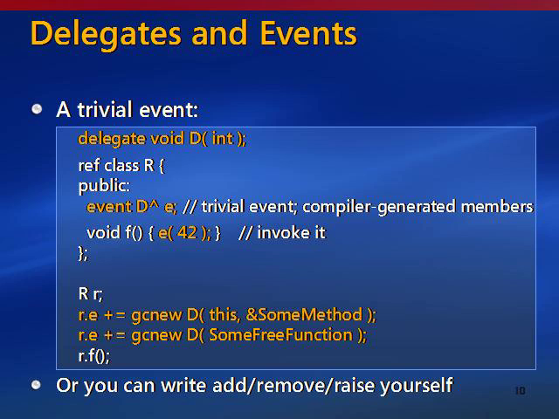Delegates and events. These are key features on the CLR that actually give you the ability to write very simple code that's event-driven. We've seen very frequently that people like WinForms, and certainly many of you might see that the Avalon way of writing code is event-driven UI with a very simple way of declaring it.